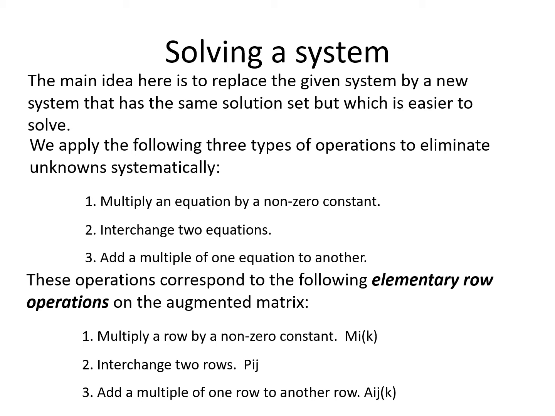Interchange two rows may be denoted by P_ij, where row i is interchanged with row j. The third operation is called the addition operation. Here we multiply row i by k, and the answer is added to row j and also stored in row j. These three types of operations are known as elementary row operations.